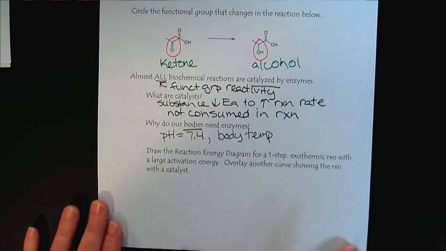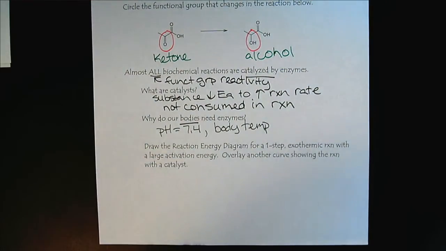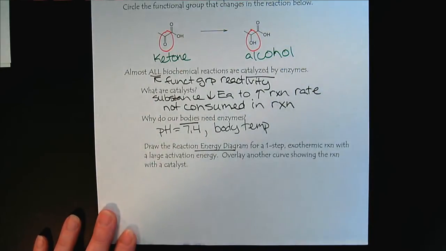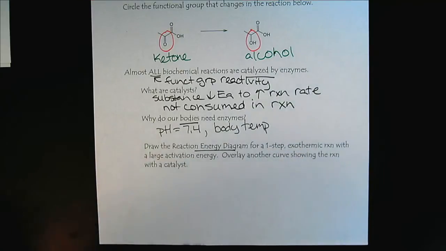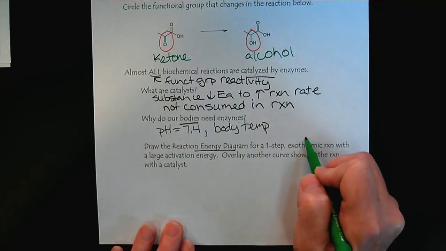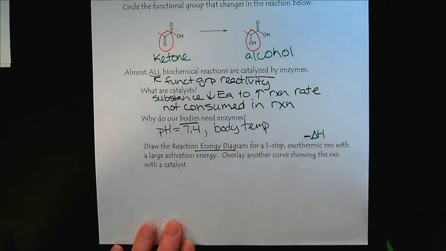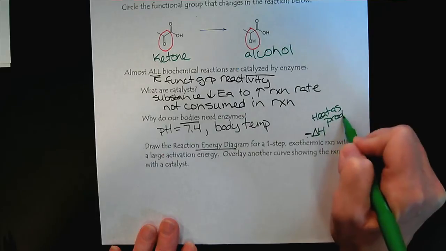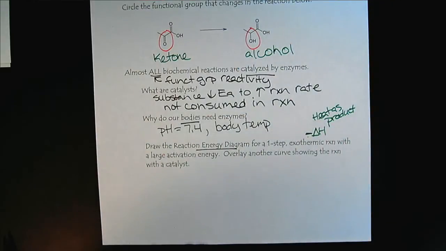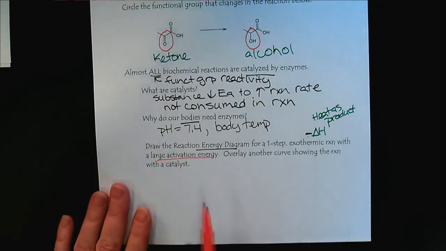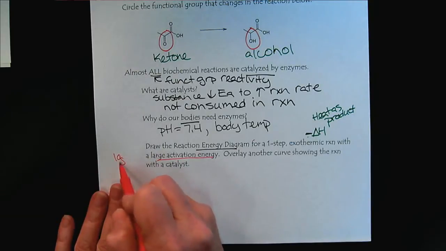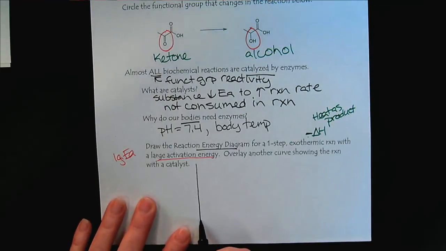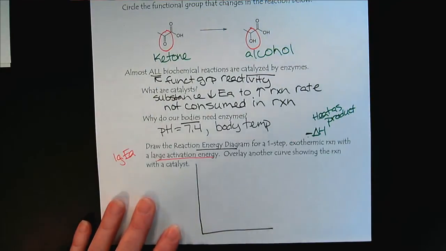So let's do a brief recap of what we know about reactions and how we describe them using a diagram. So we'll do a one-step exothermic. As soon as you hear the word exothermic, you think negative delta H, heat as a product. And then in this case, we're going for a large activation energy. So that's a large E sub A. And so if we write our diagram, make sure I can fit it in the space. Okay.